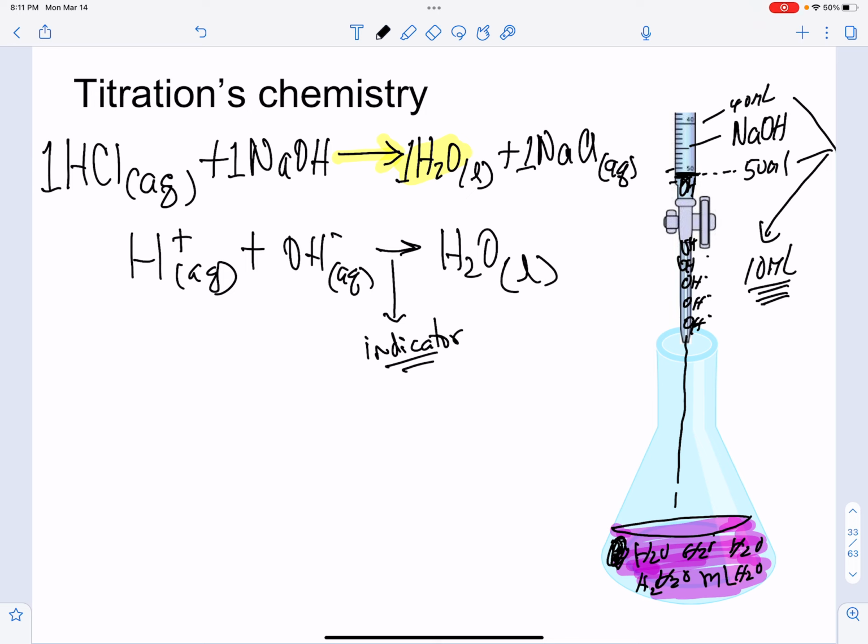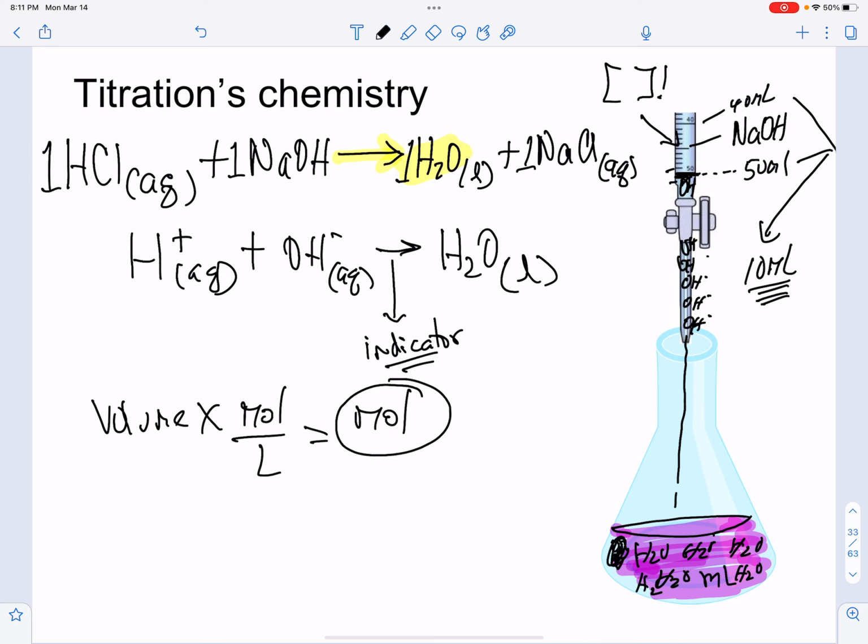So if you are titrating this, you know the concentration of the base. So all you have to do is volume times concentration, and that tells you how many moles of the base you consumed. You probably knew the milliliters of sample that you put, so then you can do moles of the acid over liters of the acid, and you get the concentration of the acid.